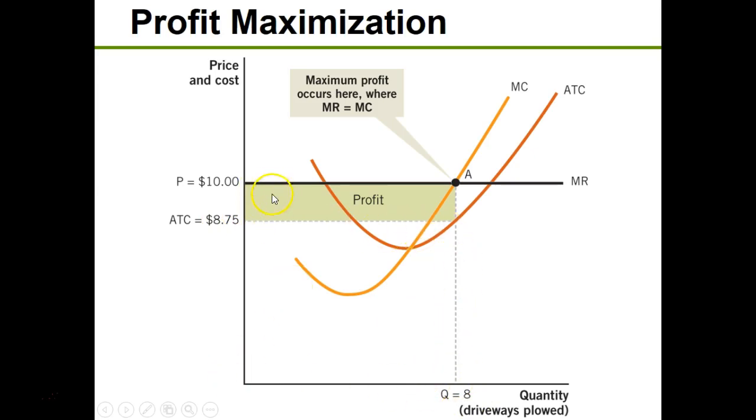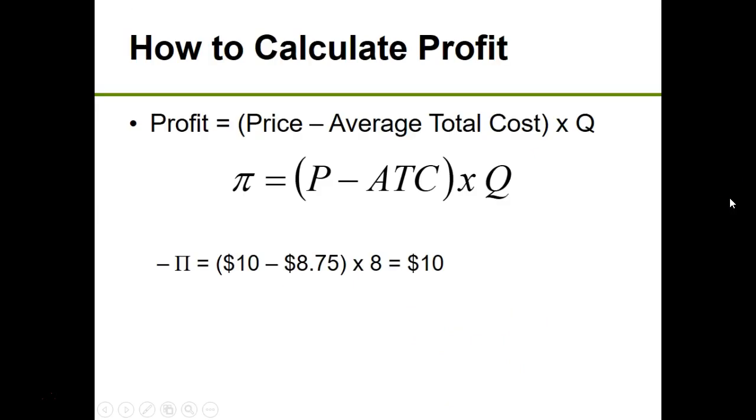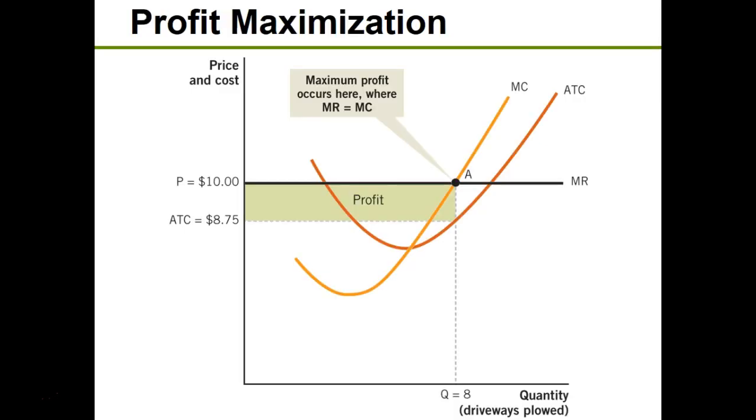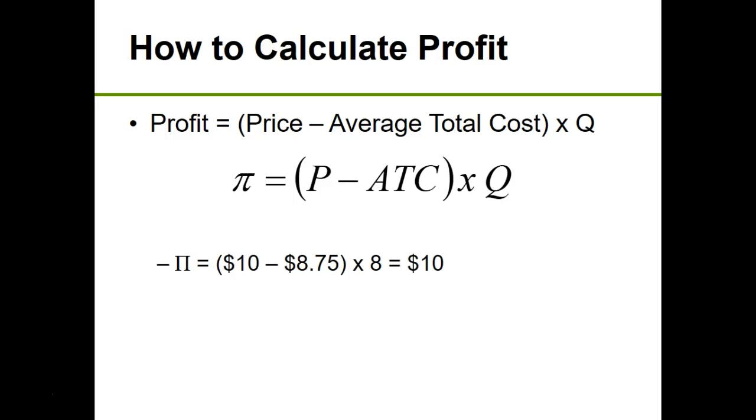And the sliver that's left over is the actual profits. So if we actually calculate this, 10 minus 8.75 times 8, this tells us what the firm's profits are. And when we do that, we see that the profits of the firm are equal to $10. So in this particular example, using these particular numbers, we would find that the firm is earning $10 in profit.